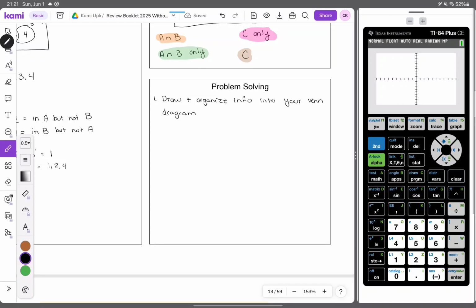And remember, whenever you're filling out your Venn diagram, you always want to start from the center and work your way out.